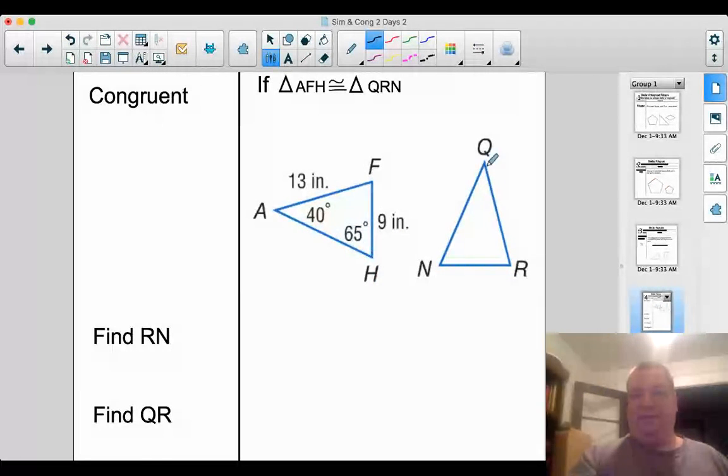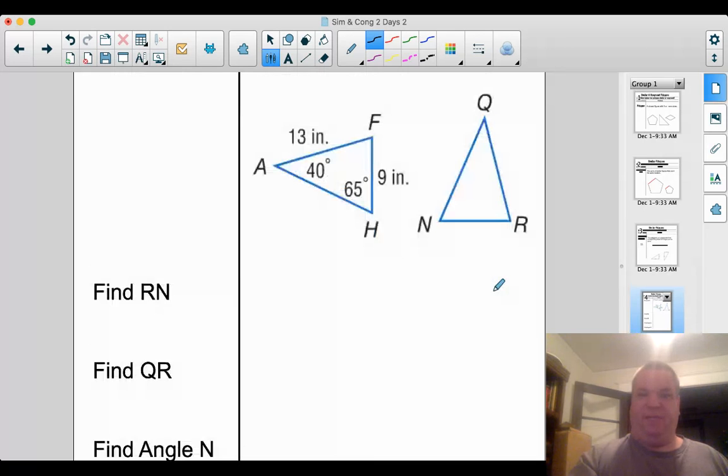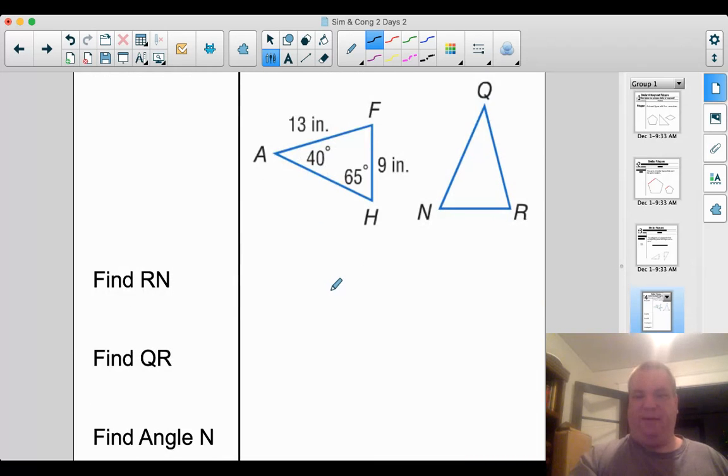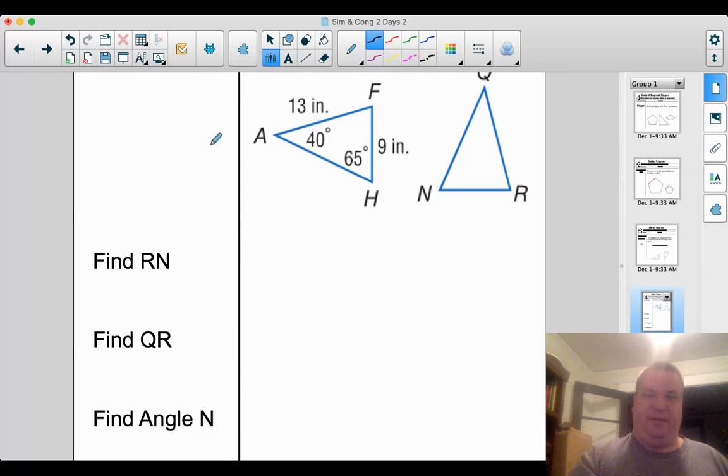If I want to find side QR, well, QR, that's the first 2 letters. I know that's going to correspond to AF, right here, which you can picture again if you rotate it. So if this is 13 inches, this is also 13 inches. So we can find some of the sides that way. We can also find some of the angles. If I want to know angle N, for instance, let me write down the answers we found so far.